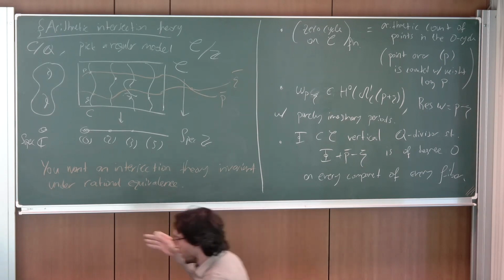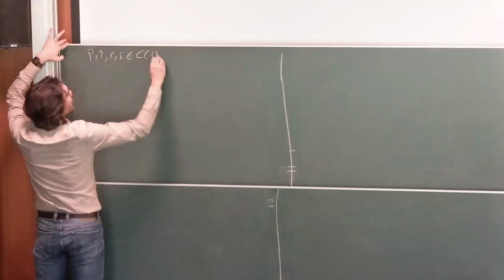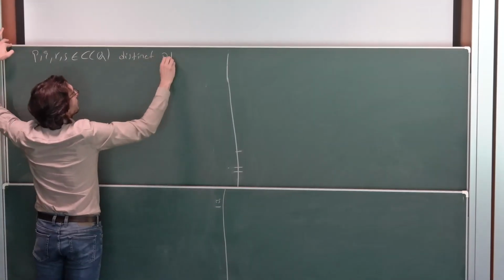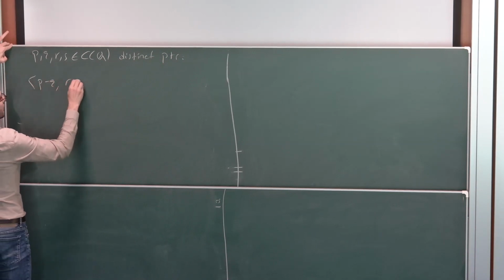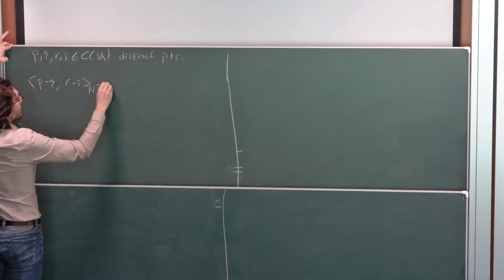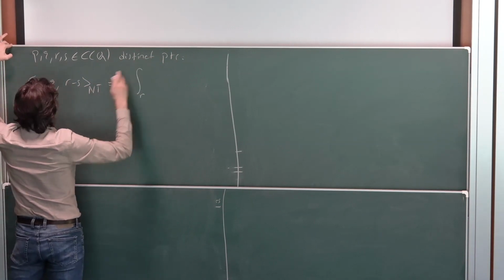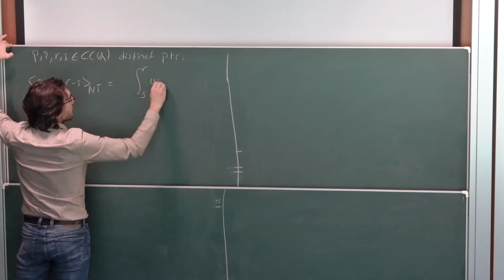Okay, so here's how the first step of the intersection theory goes. If I have P, Q, R, S in C, distinct points, then you define the Neron-Tate pairing like this. So you take an integral from S to R of this form that I just described.